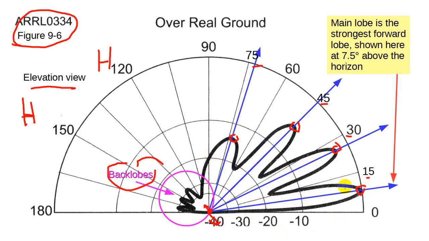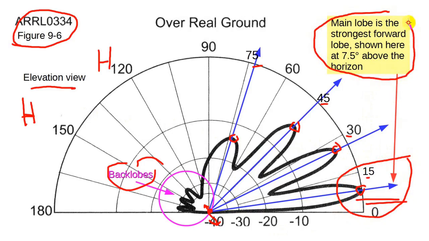One key definition is that the elevation from the antenna providing the most powerful lobe is the antenna's effective elevation angle. This diagram shows clearly that there's also lots of energy in the other forward lobes. Why is this important?